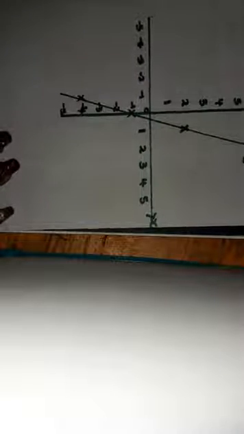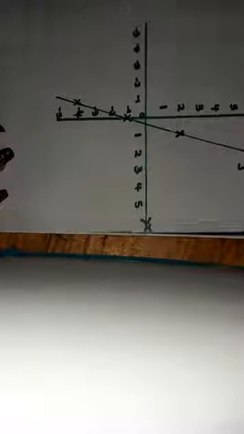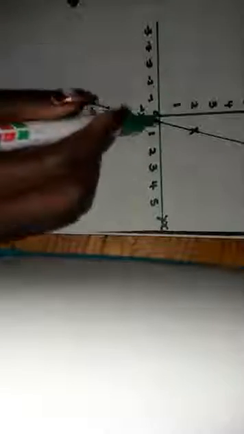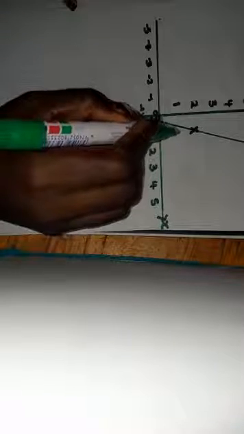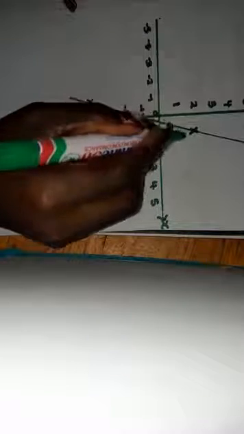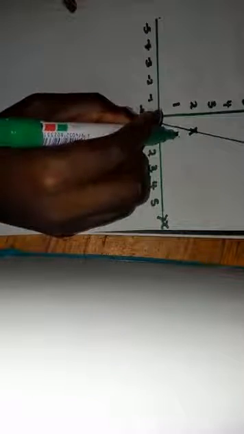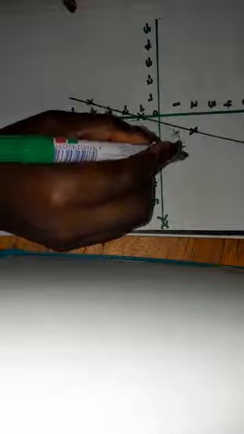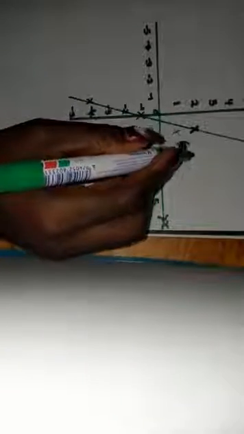Then we are supposed to shade. Let us choose the coordinate that lies outside the line. Again, I'm choosing 1, 1. I like 1, 1. It's not confusing at all when you want to use it.